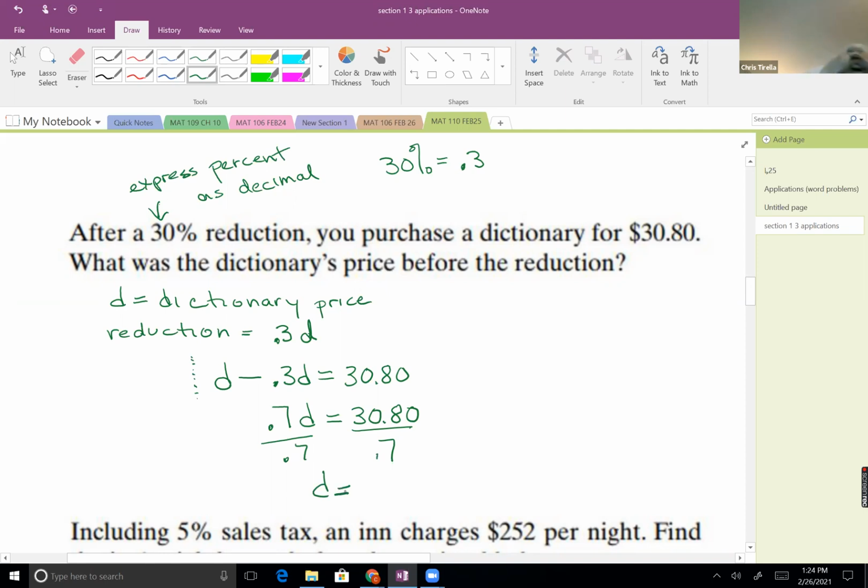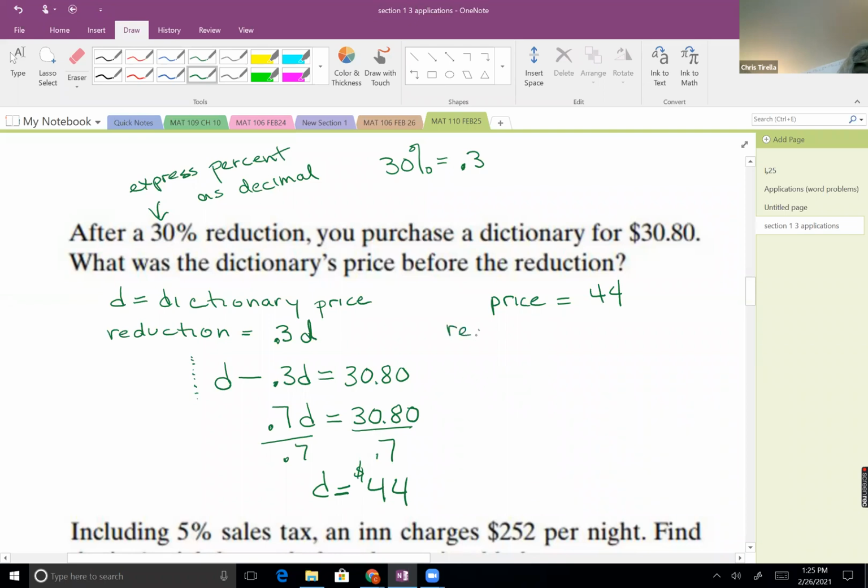I can't remember what it turns out to be, I have to apologize. So I'm going to take real quick, 30.8 divided by 0.7 is $44. So the price we're saying was $44.